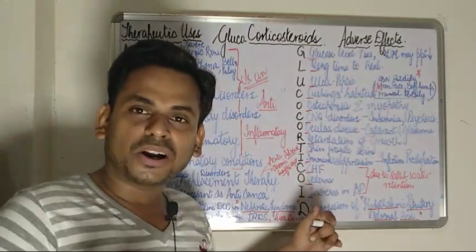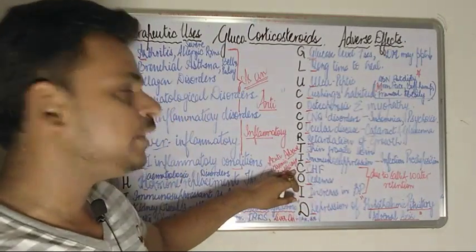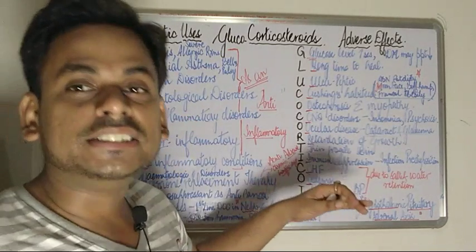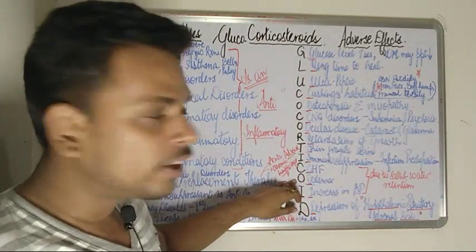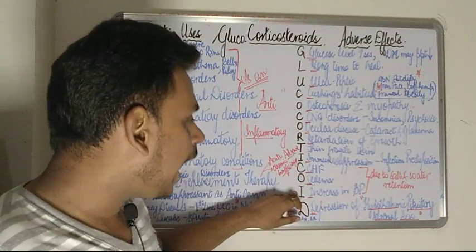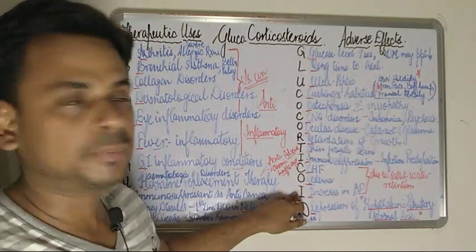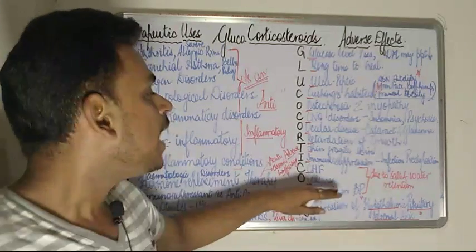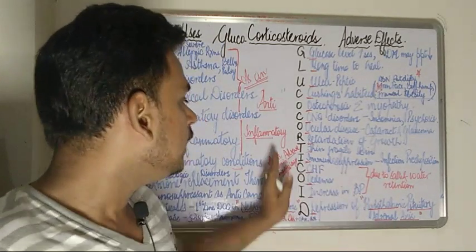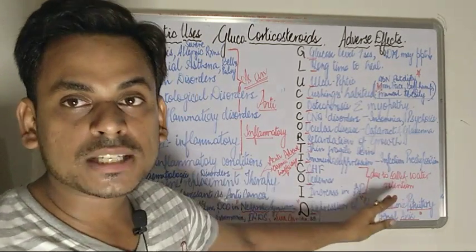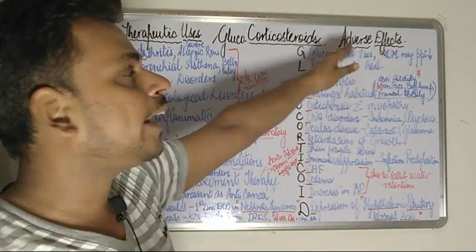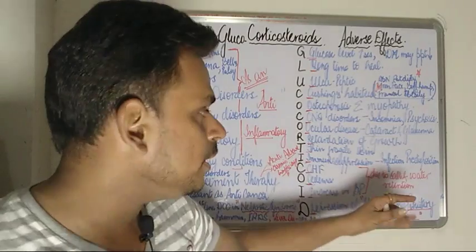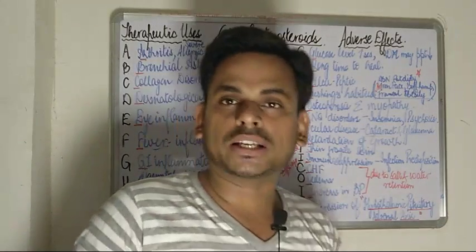Okay, moving on to the next C of the glucocorticoids. So C here refers to congestive heart failure, O refers to edema, and I refers to increase in blood pressure. So congestive heart failure, CHF, edema, and increase in blood pressure are the three adverse effects seen with glucocorticoids, the cause being salt and water retention.